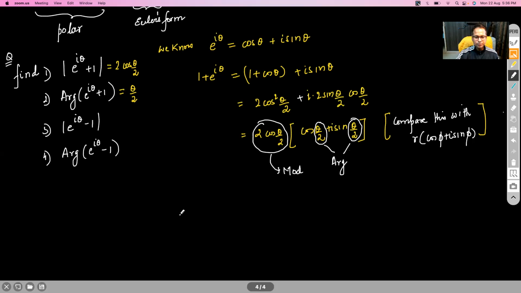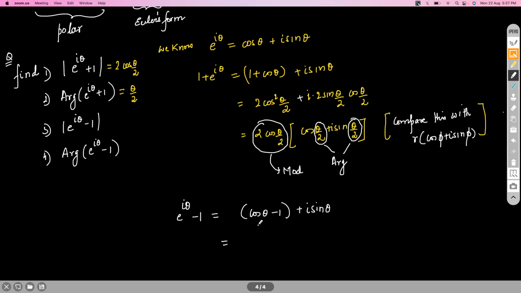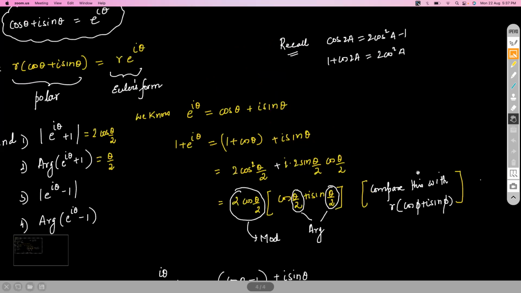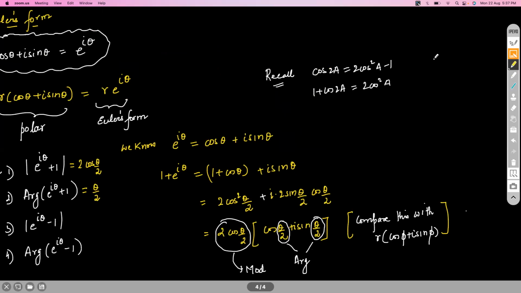Okay, now see. Again, e to the power i theta minus 1, I can write it as cos theta minus 1 plus i sin theta, right? So I just have to subtract a 1 from the expression that I've already written on the top. Now, recall this formula that you had already done in your trigonometry: cos of 2a is 1 minus 2 sine square a, isn't it?